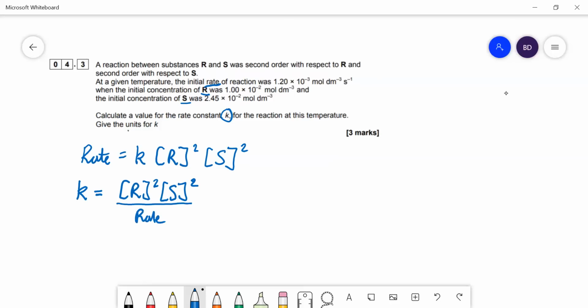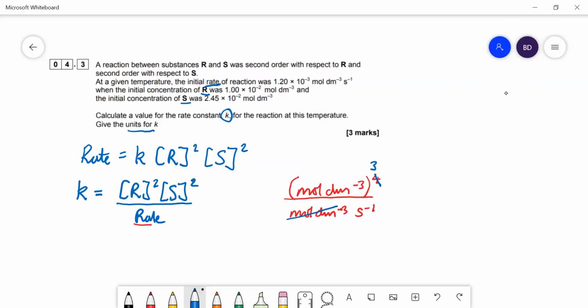And we need the units. Let's work out the units first of all. On the top line, we have mole per decimeter cubed. We've got 4 concentration terms, so that's mole per decimeter cubed to the power of 4. The rate of the reaction on the bottom has units of mole per decimeter cubed per second. So we can cancel out that mole per decimeter cubed, and that makes that to the power of 3 instead.